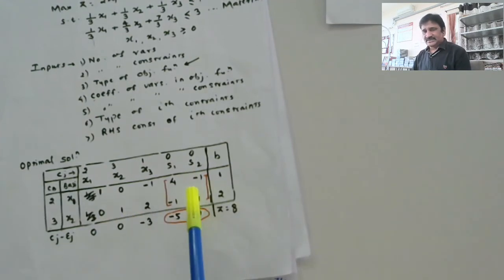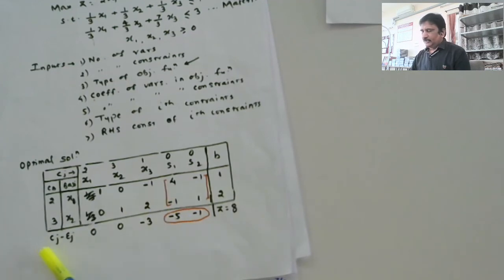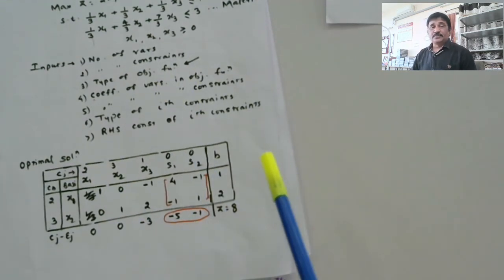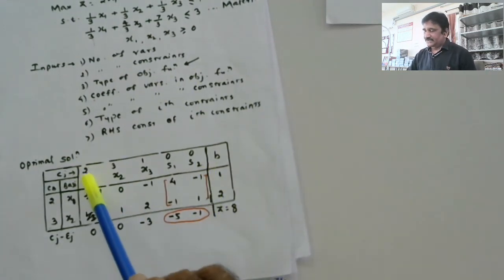If they are less than equal to 0, they mean my objective function is of maximized type, and that is here.